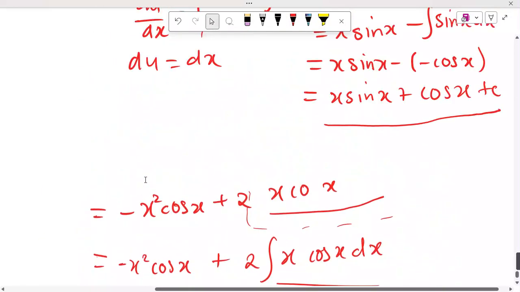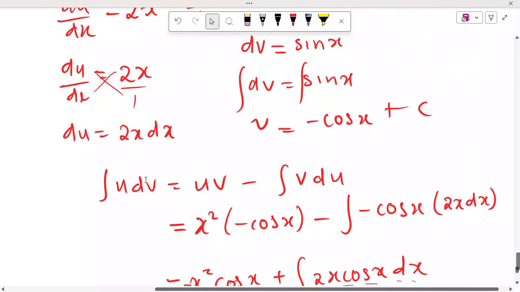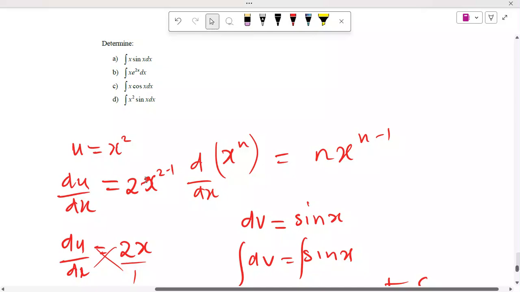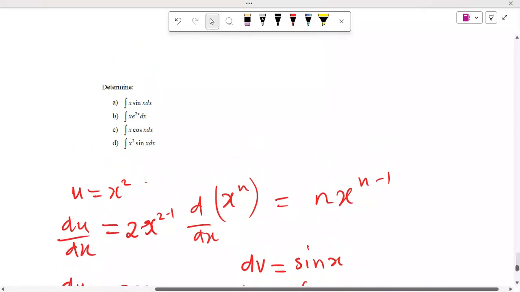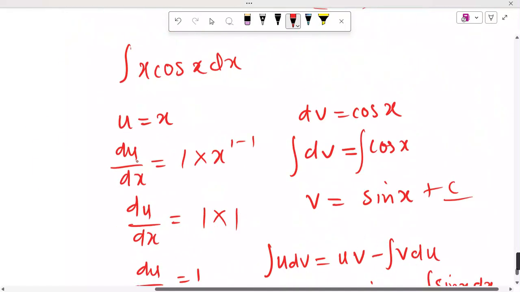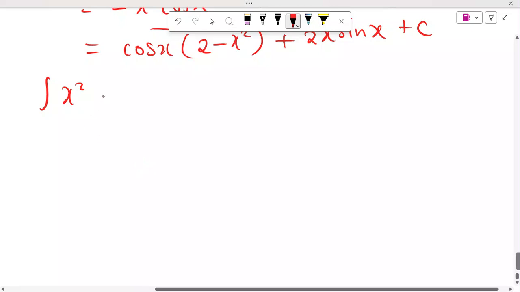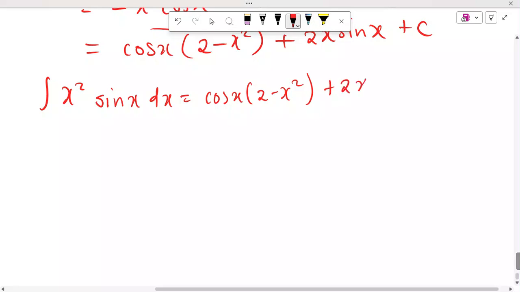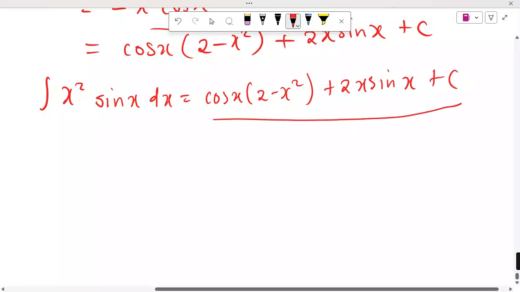Just know that there are times where you have to apply integration by parts twice for you to get the answer. This is D, I forgot to write that. So the integral of x squared sine x equals cos x times (2 minus x squared) plus 2x sine x plus c. So this is your answer.